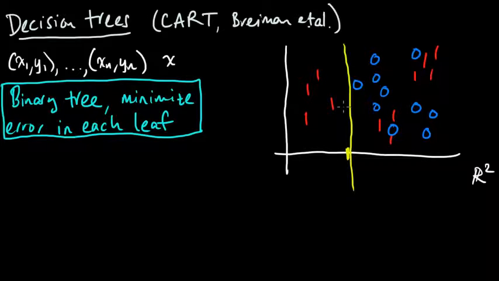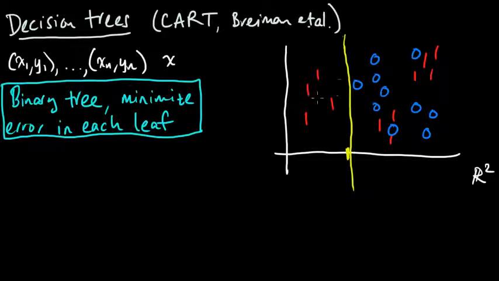That would be a good choice because we can separate all these ones over here from everything else. So now we have two regions. This divides R2 into two disjoint regions.